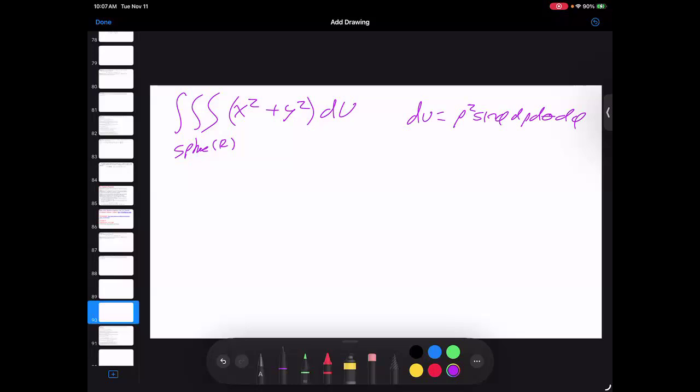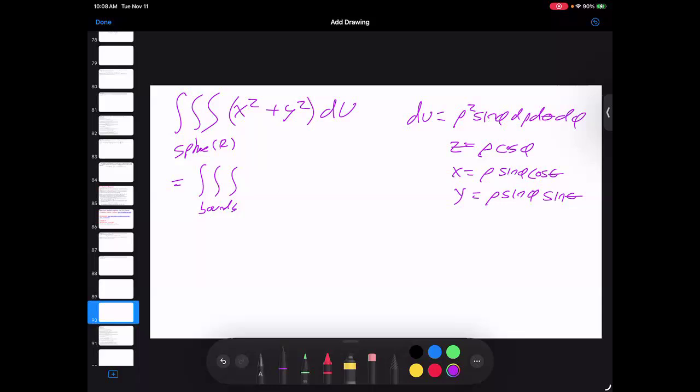If you want to do this in spherical coordinates, you would have the integral. I'm going to just skip writing the bounds. z is rho cosine phi, x is rho sine phi cosine theta, y is rho sine phi sine theta. Is this coming back to people?